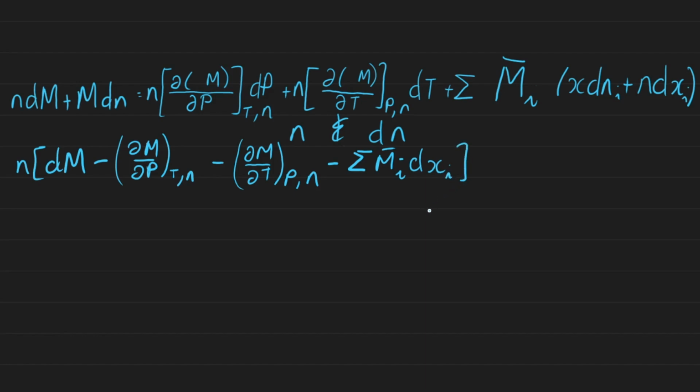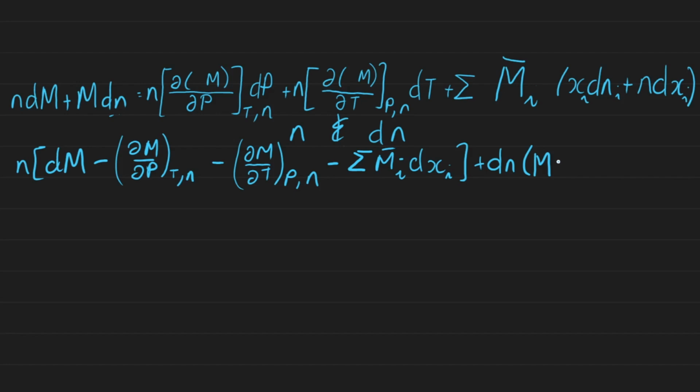And now we're also going to gather this dn as a common factor. So when we do that, what we're left with is, firstly, this m, and we also have this xi, so this should be an xi here, xi times dni times this partial property.